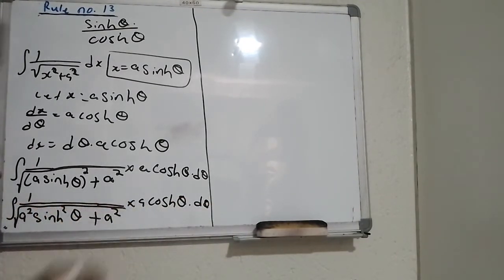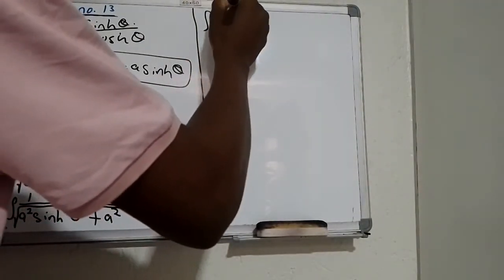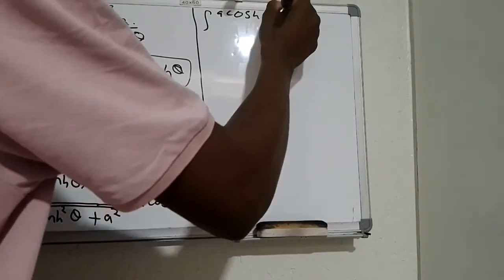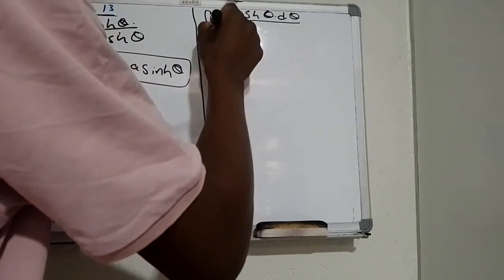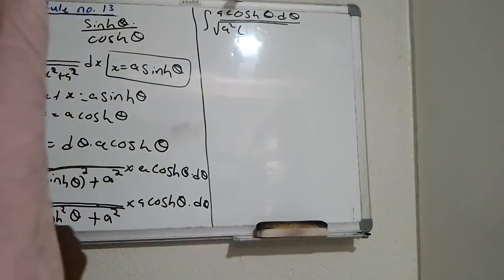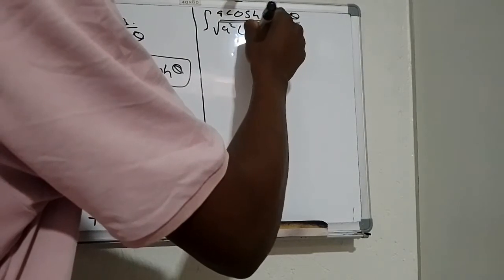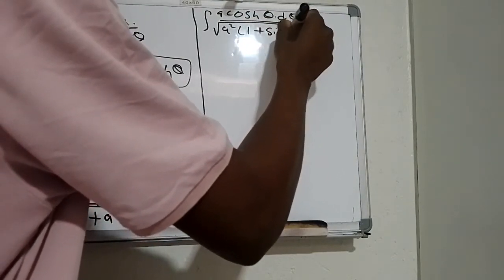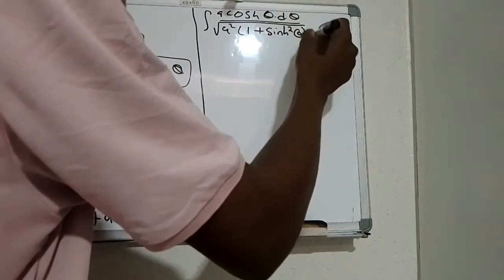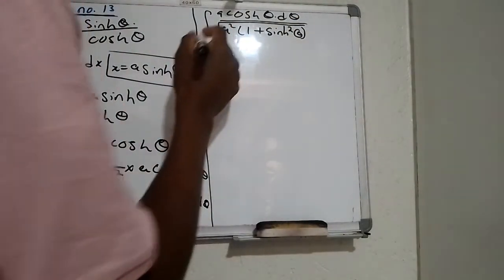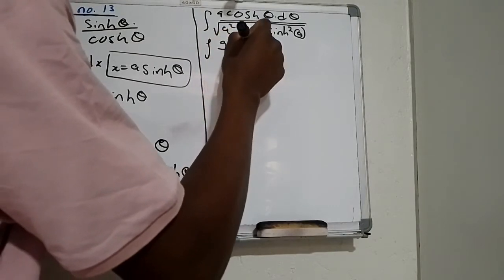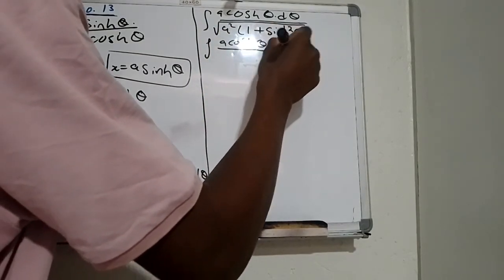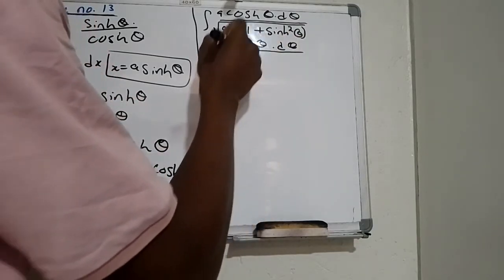Here I'll have the integral of a hyperbolic cos of theta d theta over the square root of a squared into 1 plus hyperbolic sine squared theta.